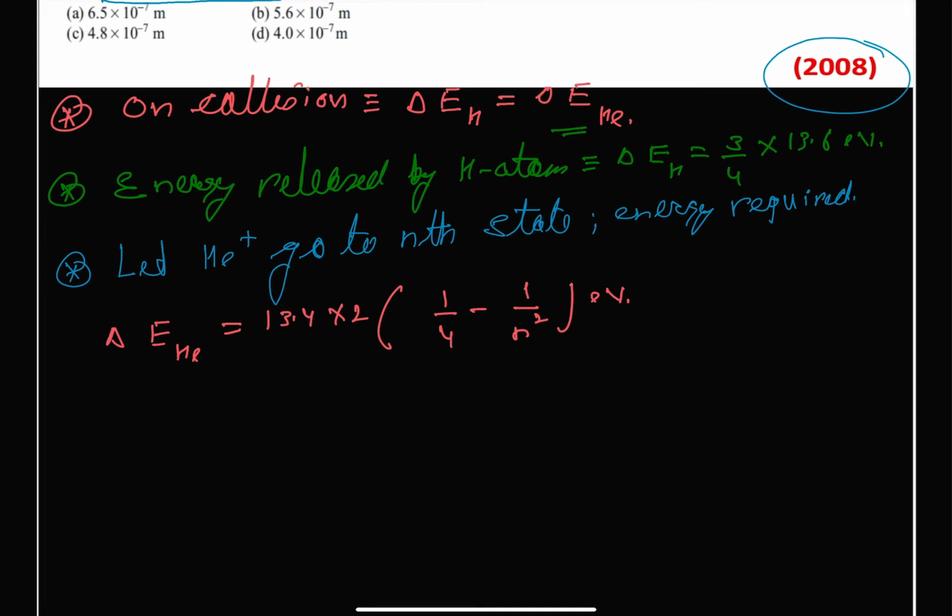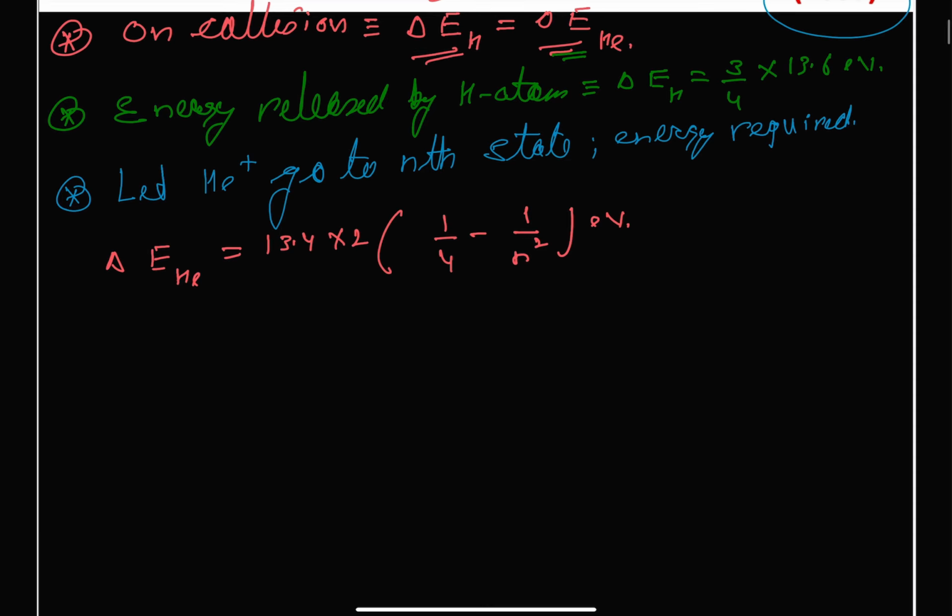So we have both delta EH as well as delta EHe, and we equate them. So 3 by 4 times 13.6 is equal to 13.6 times 4 times 1 by 4 minus 1 by n square.